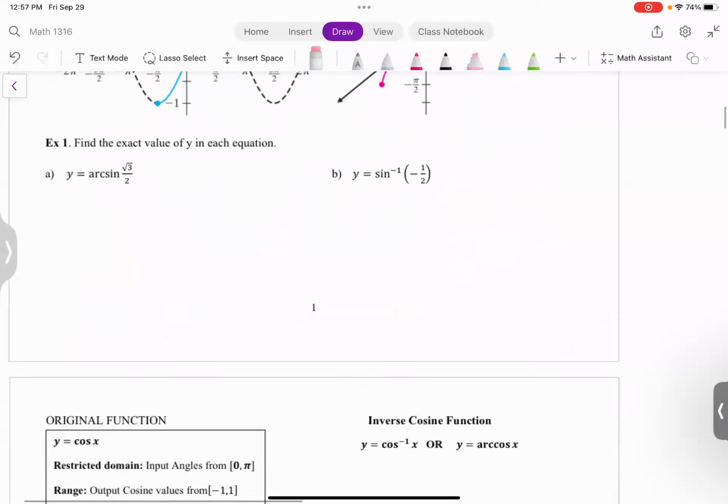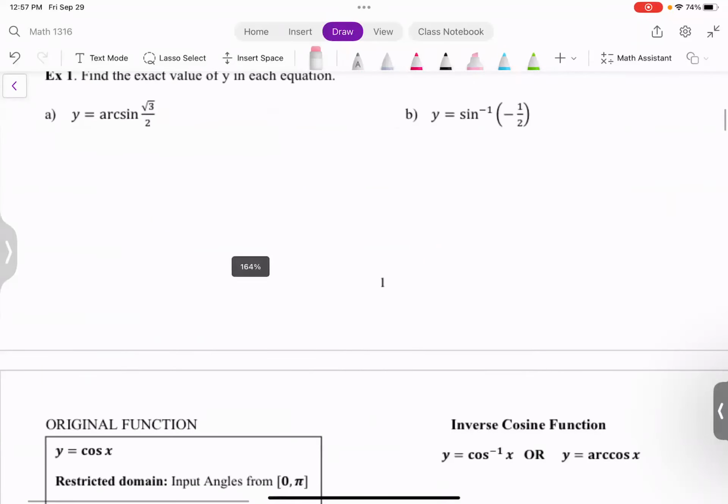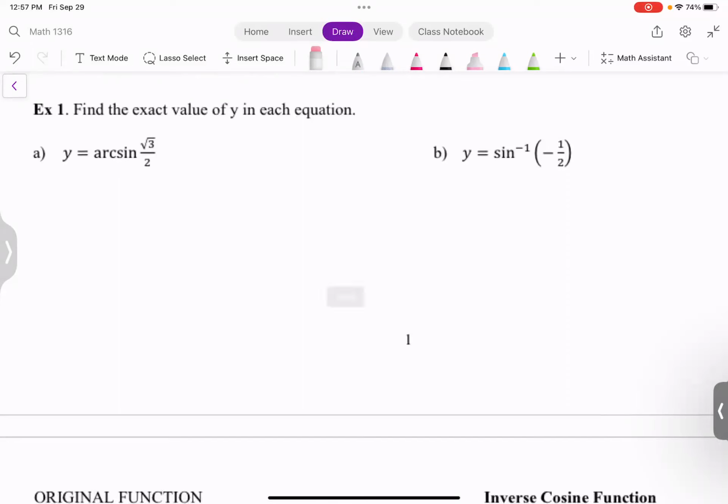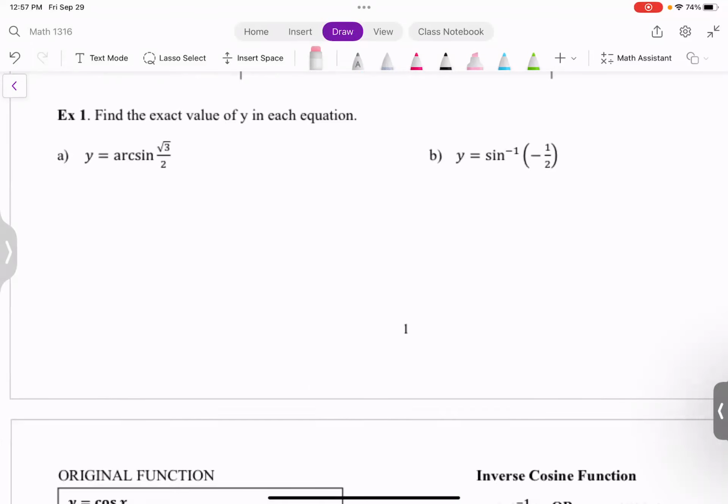Okay, let's find the exact value of y in each equation. If I have y equals arc sine of square root of 3 over 2, find the value of this. So what's the meaning of arc? Inverse function. Find the inverse function of sine at square root of 3 over 2.